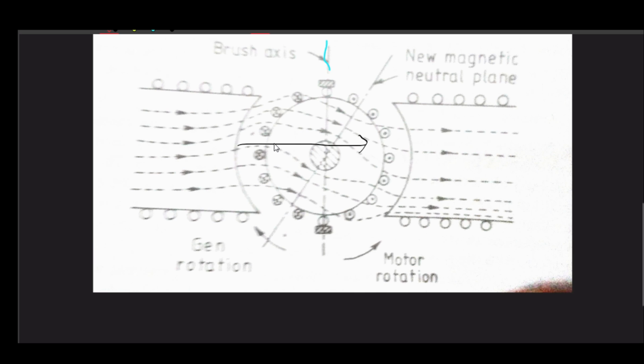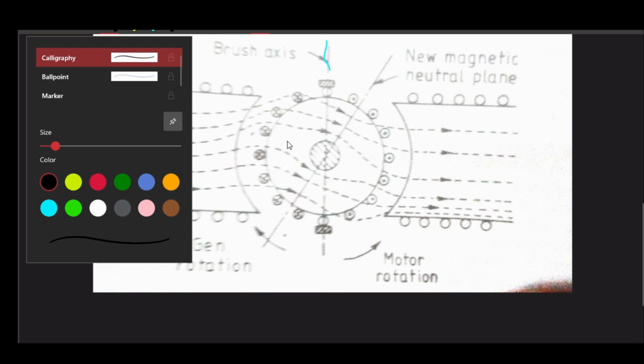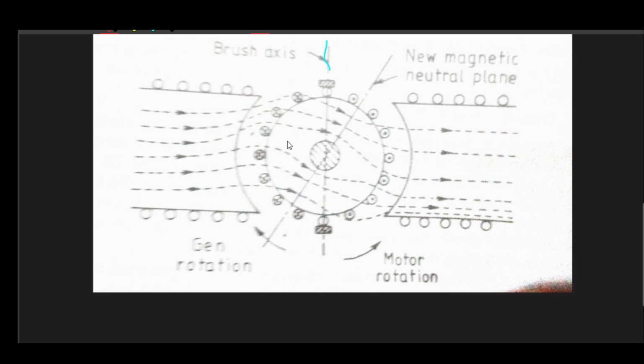Okay, let me draw it here, then you will be able to understand. See, when you don't have the armature, then you will have a field winding like this. Now when you have the armature, the armature field will be in this direction or in this direction, right?